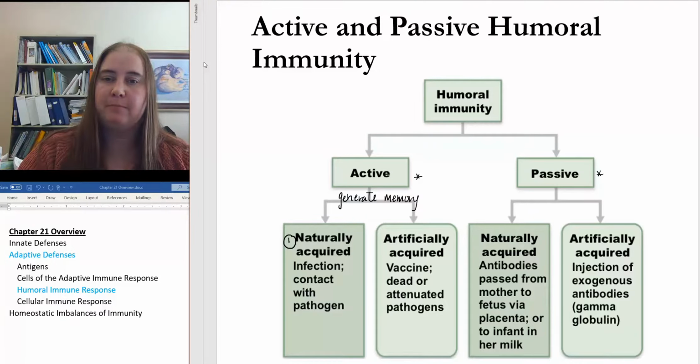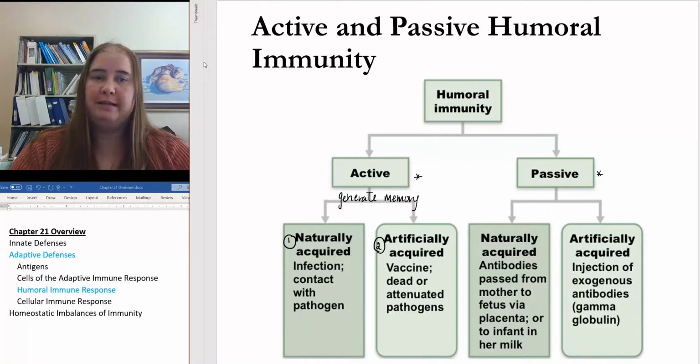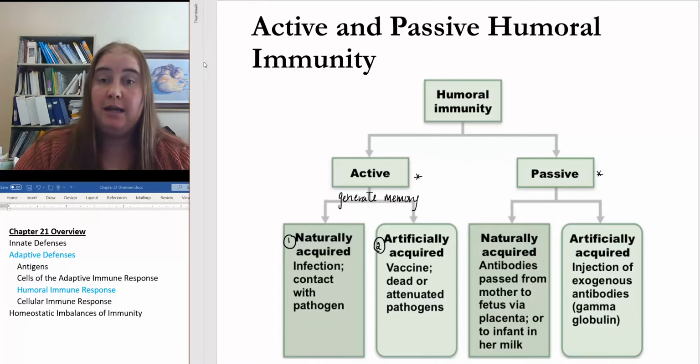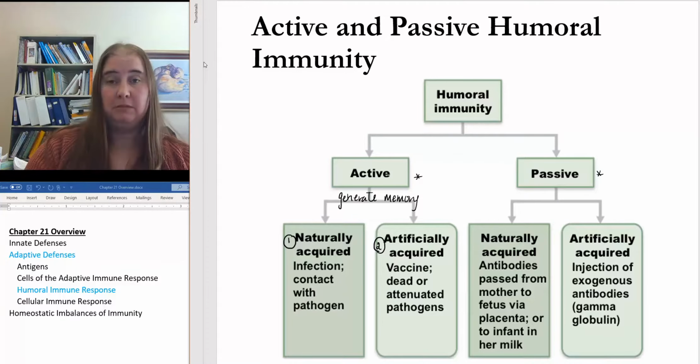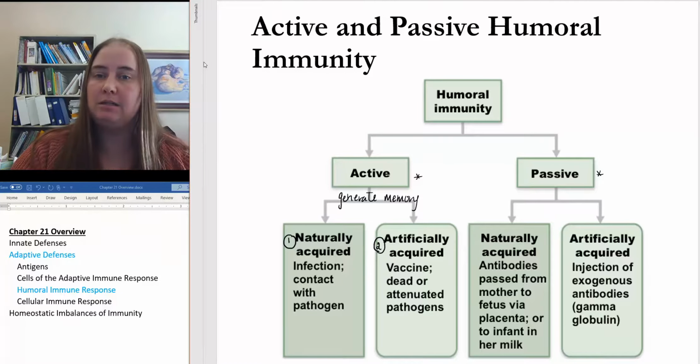However, you can also generate memory artificially. For example, I could give someone a vaccine. That vaccine contains the antigen. Now, in most vaccines, the pathogenic component of the pathogen has been removed.